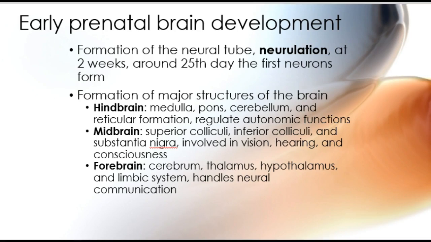And then you have in the midbrain, the superior colliculi, the inferior colliculi, the substantia nigra, and that's involved in vision, hearing, and consciousness. And then you have in the forebrain the cerebrum, the thalamus, the hypothalamus, and limbic system, which handles neural communication. Okay?